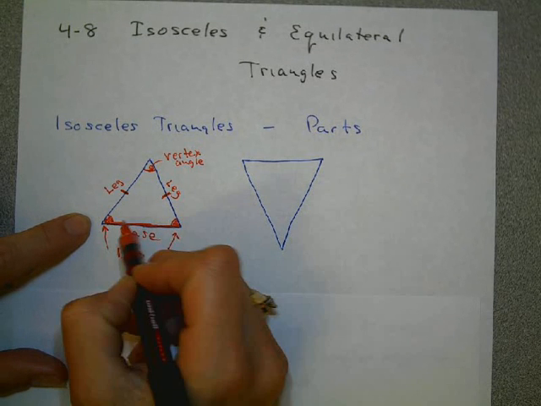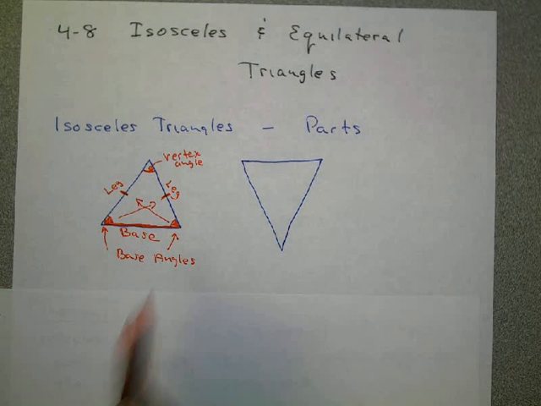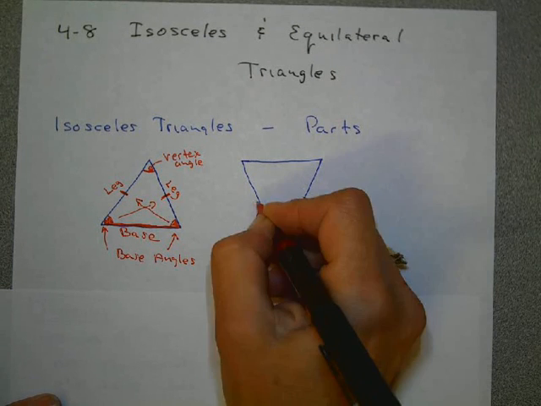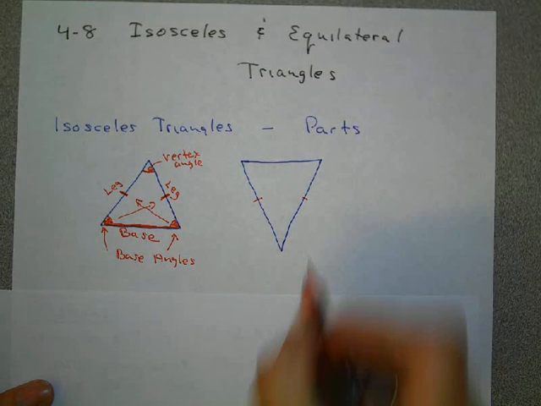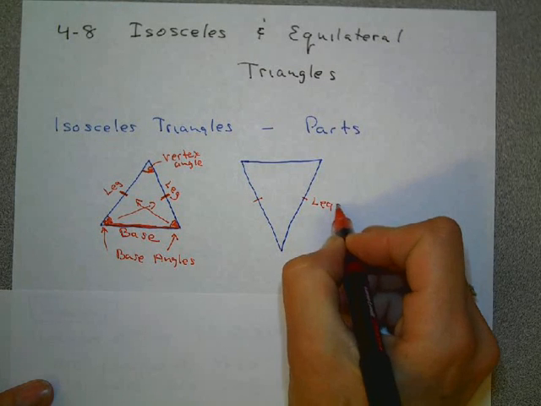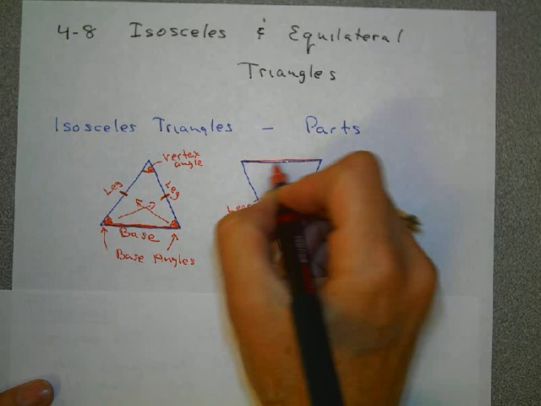Now this triangle just happens to be sitting on its base. It doesn't have to be. If I told you that these two sides were congruent on this isosceles triangle, that would make these the legs, and this side right here that's not the same length as the other two would be the base.